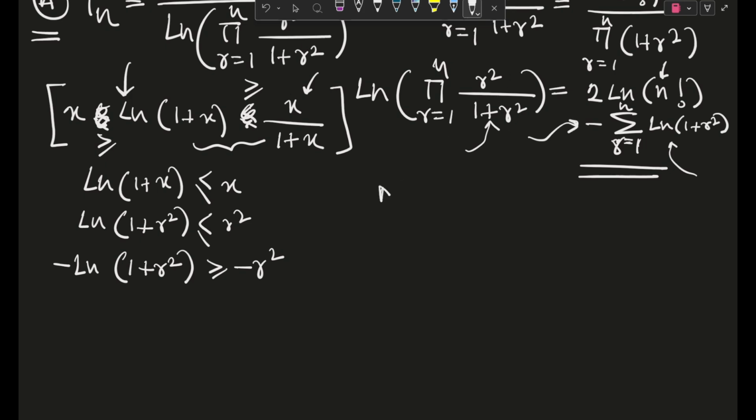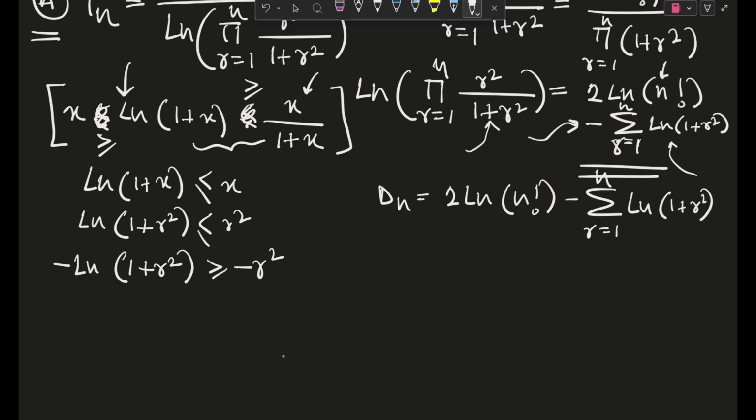So if we take Dn, a function which is 2 ln n factorial minus sigma r equals 1 to n ln of 1 plus r square, then from this particular equation we can write that your Dn will be greater than or equal to 2 ln n factorial minus sigma r equals 1 to n r square.